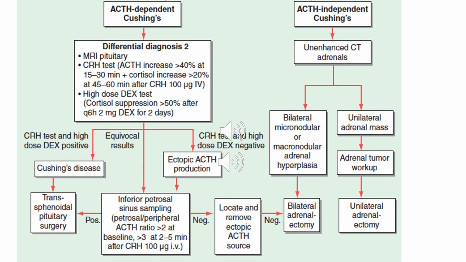If we see hyperplasia of both adrenal glands, we refer this patient for bilateral adrenalectomy. If only a unilateral adrenal mass is seen on the CT scan, we also do some further adrenal tumor workup. And if this patient is a candidate for surgery, then we refer this patient for unilateral adrenalectomy.